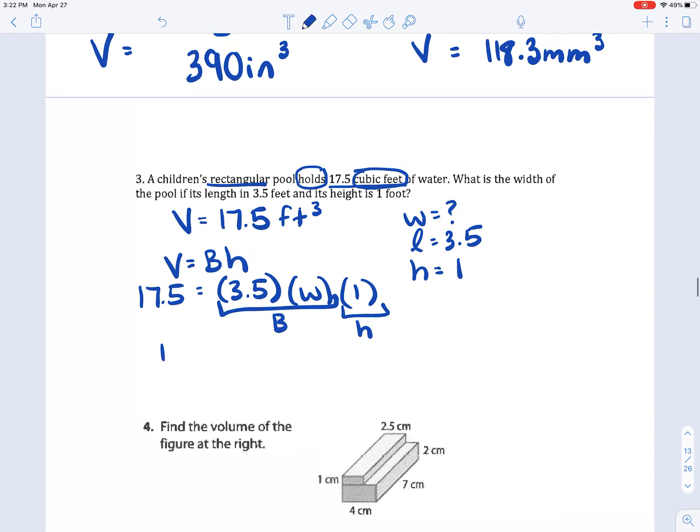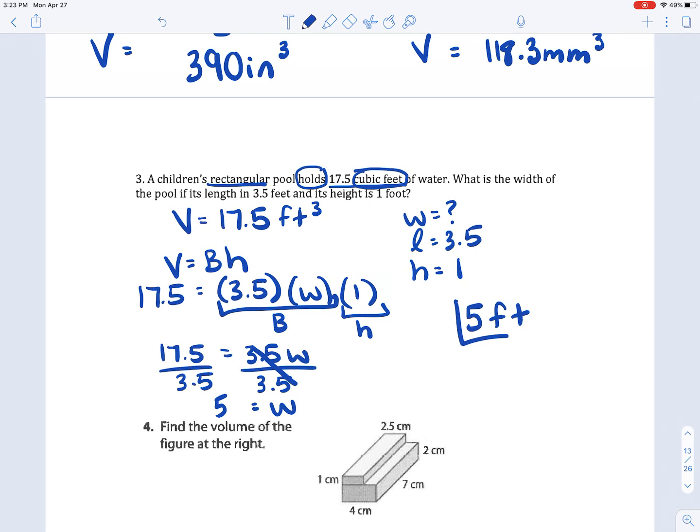Well, I really don't have to write times 1 because anything times 1 is just itself. So now I could solve for W by dividing both sides by 3.5. 17.5 divided by 3.5 gives me 5. Since it's talking about width, I need to make sure I label it correctly. That would be 5 feet.